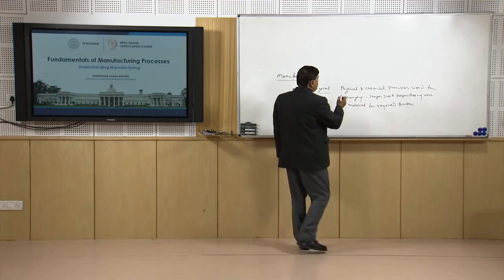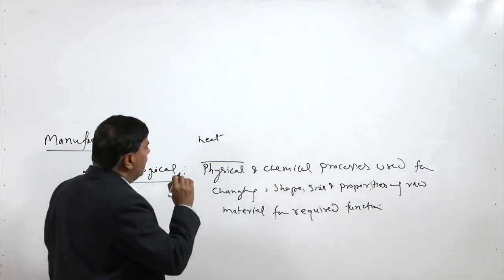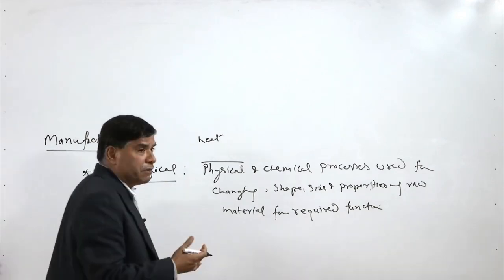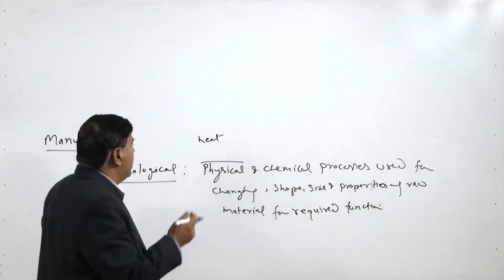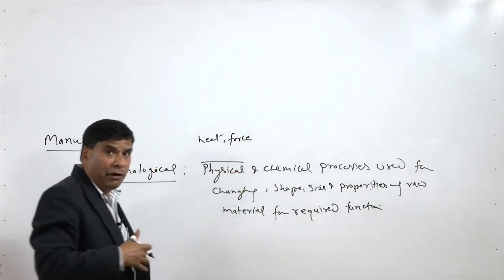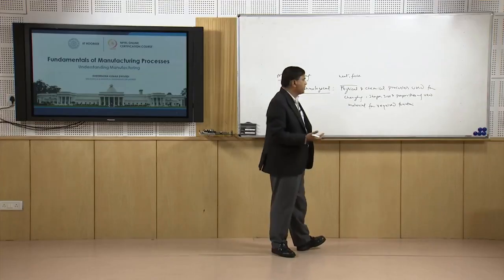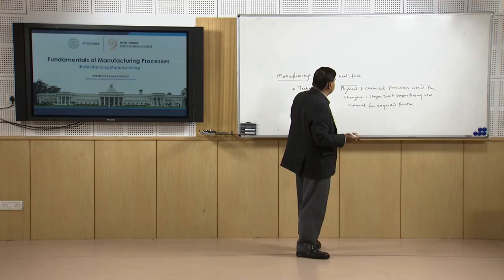Among the physical processes, we may apply heat, like the application of heat for melting in casting or for fusion in welding. Similarly, use of force, like in the forming processes for plastic deformation, so that the required size and shape can be achieved.